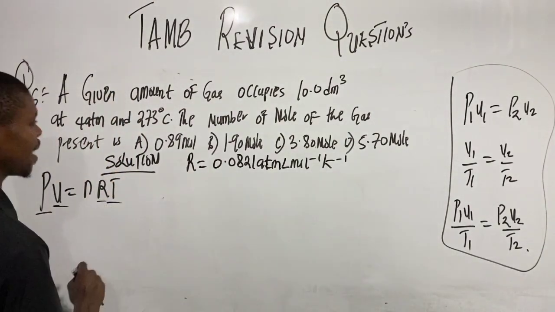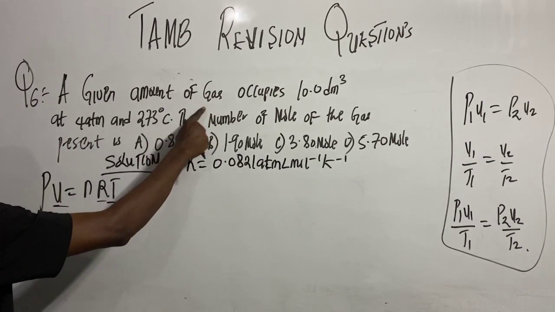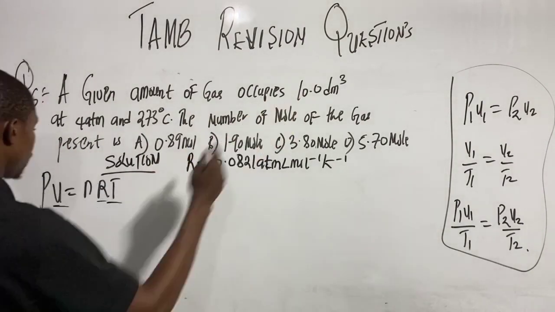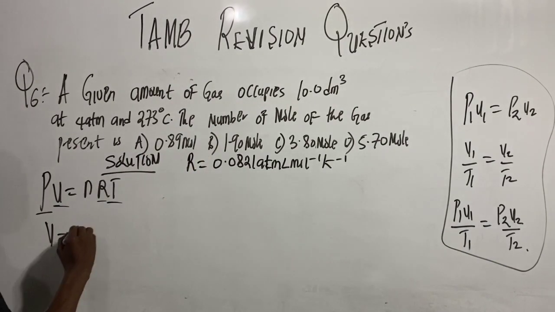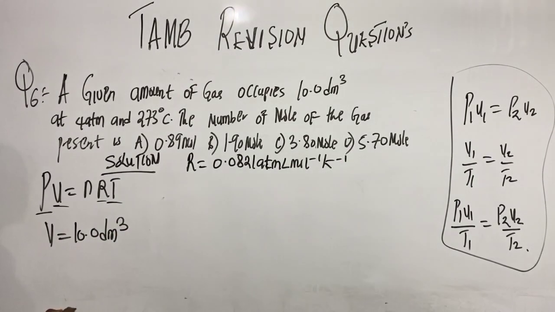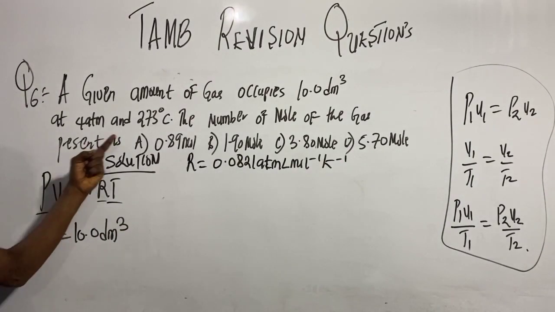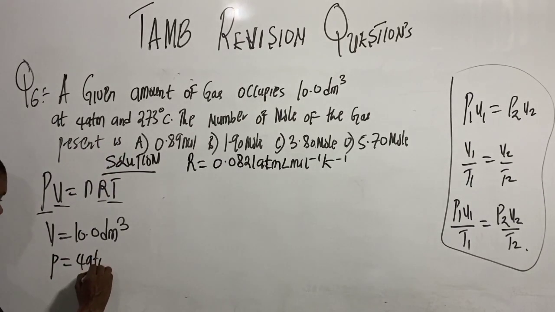So in the question here, they have given us the volume: V equals 10.0 dm cube. My pressure P is 4 atm.